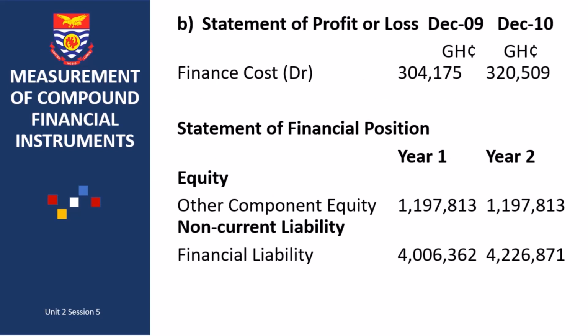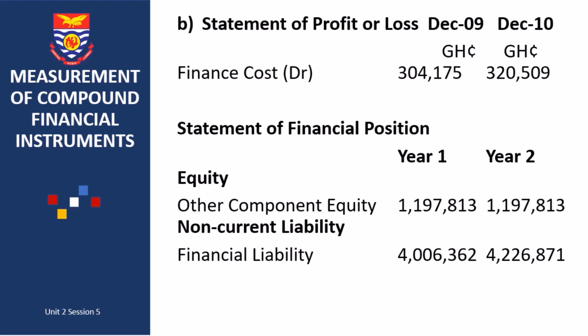So this is how the extract looks like. We have the statement of financial position and profit or loss for 2009 and 2010. All you have to do is go to the effective interest rate column. The 10% that you have applied on the opening balance, you bring that of 2009 and that of 2010.